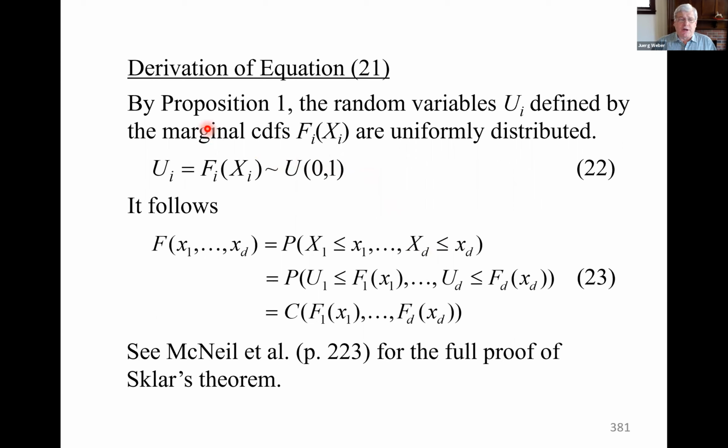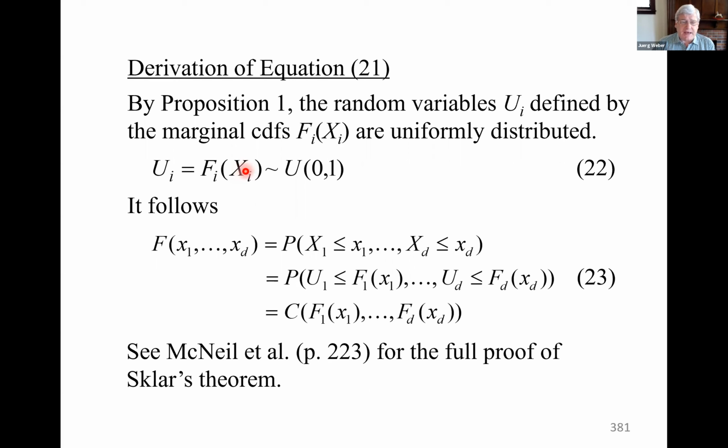Now, according to the probability integral transform, this is proposition 1, the set of values of the random variables defined by the marginal distributions are uniformly distributed. It holds for every univariate random variable.